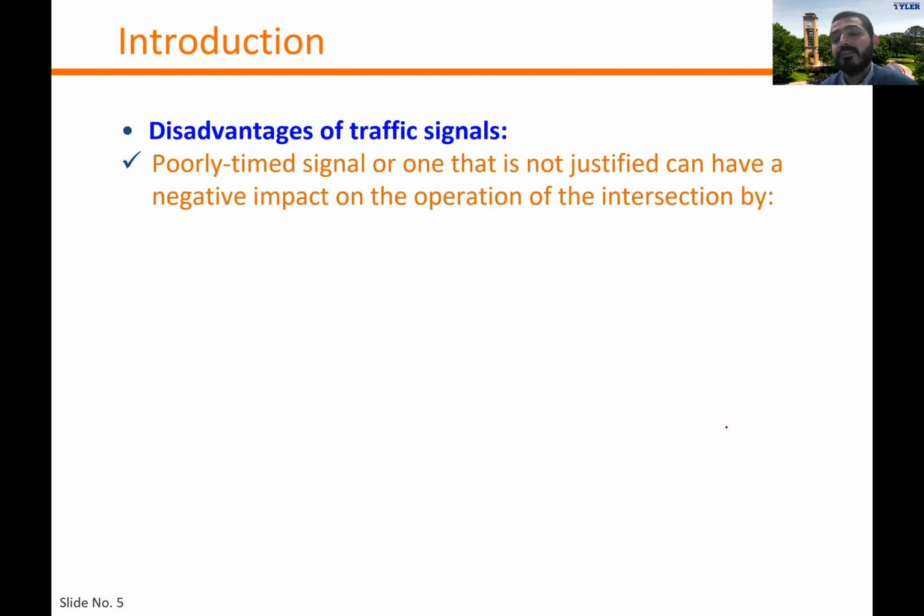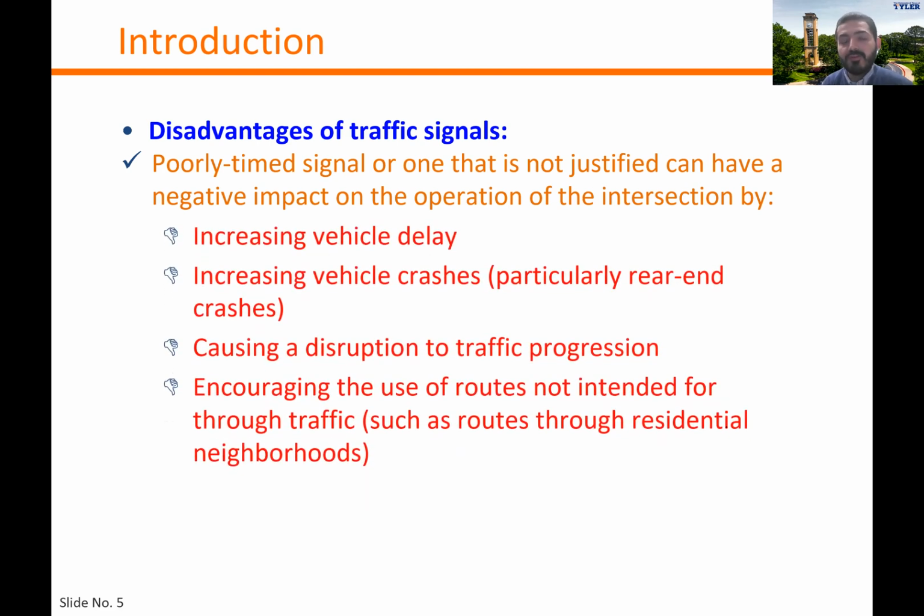All these advantages we can gain if there is truly a need for a traffic signal at that location. But if there is no need for a traffic signal at that location, or if it's designed poorly, meaning the green time versus the red time is not done in the right way, then we may end up with disadvantages.